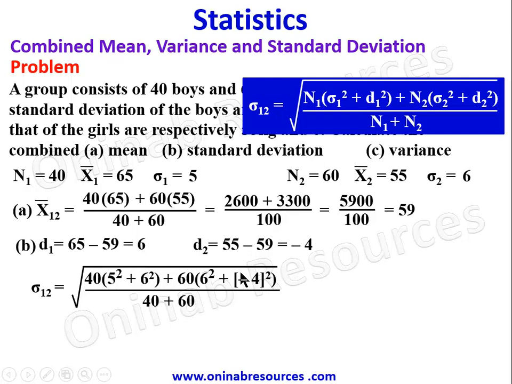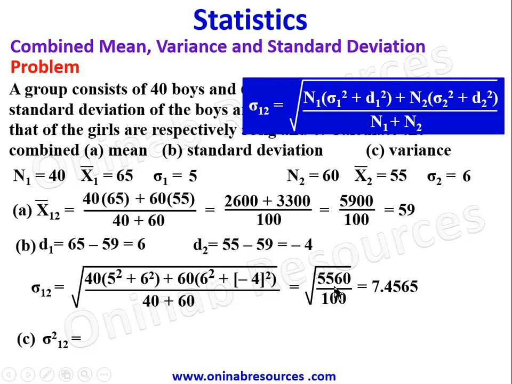If we input the numerator into our calculator, we are going to have the result as the square root of 5,560 over 100, and the square root of this from the calculator gives 7.4565.